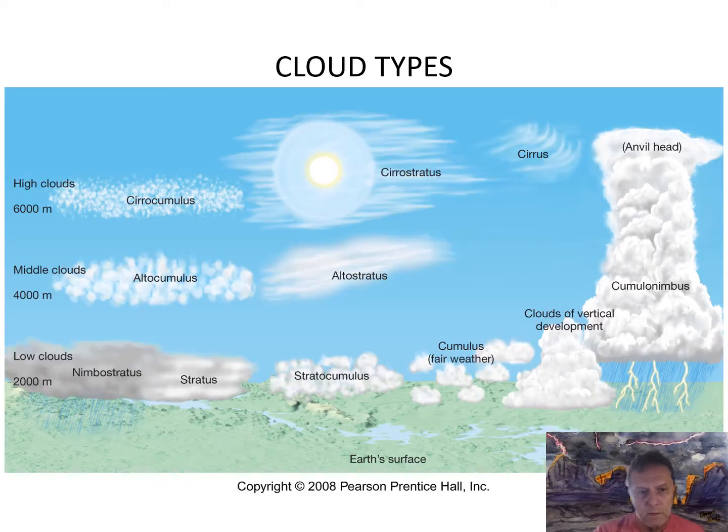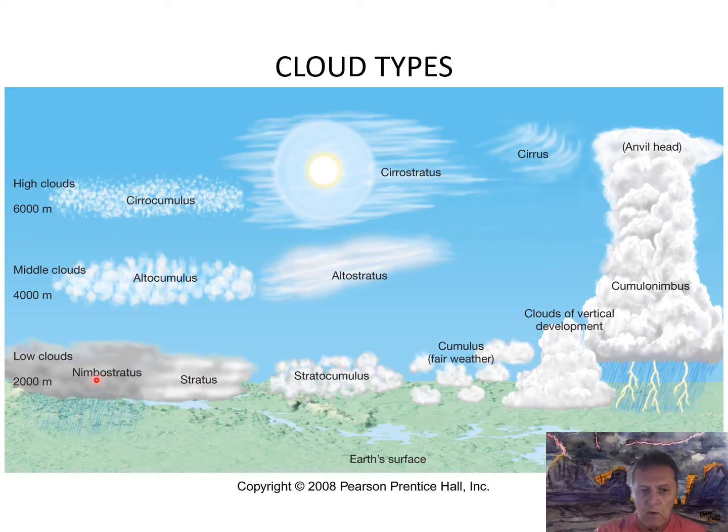Cloud types. We classify clouds according to their altitude and according to their shape or form. So we have low clouds at about 2,000 to 4,000 meters. We have middle clouds from 4,000 to 6,000 meters above the Earth's surface. And we have the forms that are stratus. Stratus are stratified or layered or fairly flat-lying clouds.